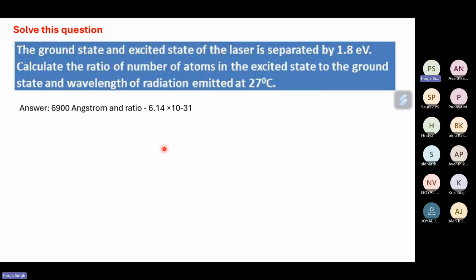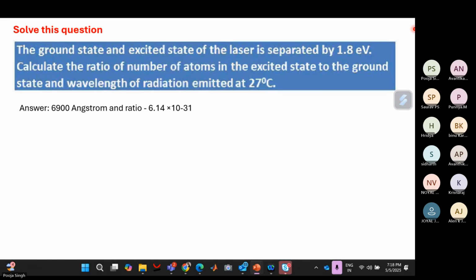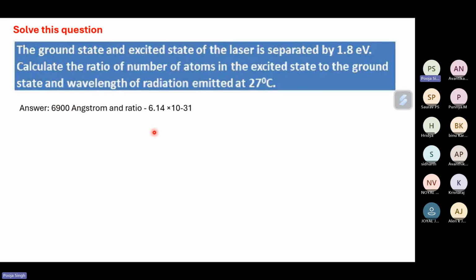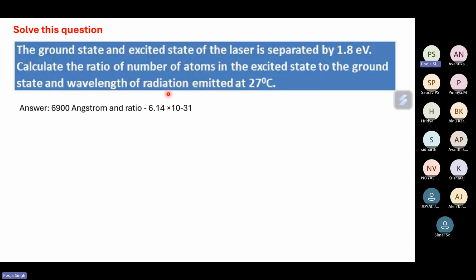Are you trying to solve it, or let me help you? Put everything in the formula and see if you get this answer. The wavelength of the radiated light and the ratio of the number of atoms should be as shown.